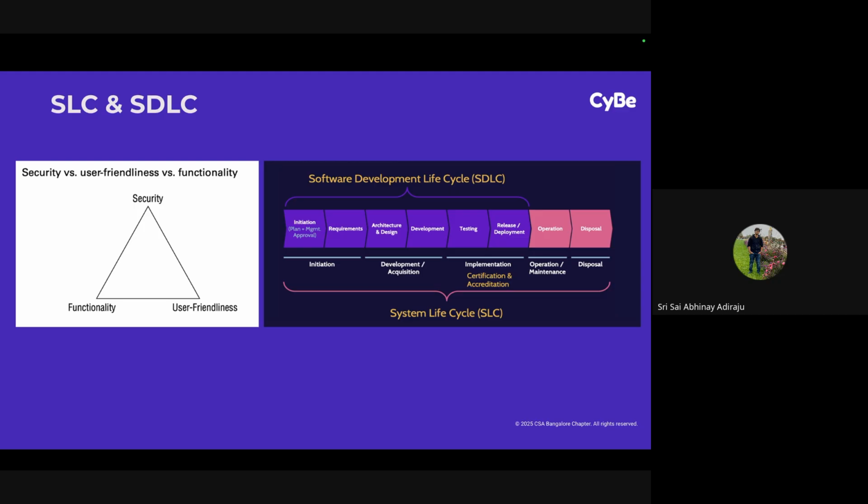And then at some point when we feel there is no need of the software anymore, we ensure we dispose it safely and effectively. So that is the lifecycle of an entire system.